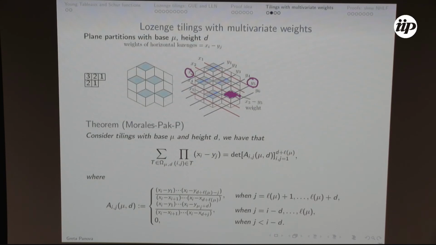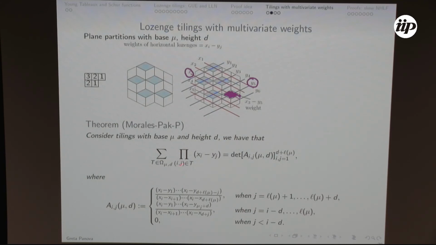And so what is the partition function for this? We go over all possible tilings of this domain. So d is going to be the height here, and mu is going to be the base for this tiling. So we have something that is part of a hexagon, but the bottom is cut out, given by mu.